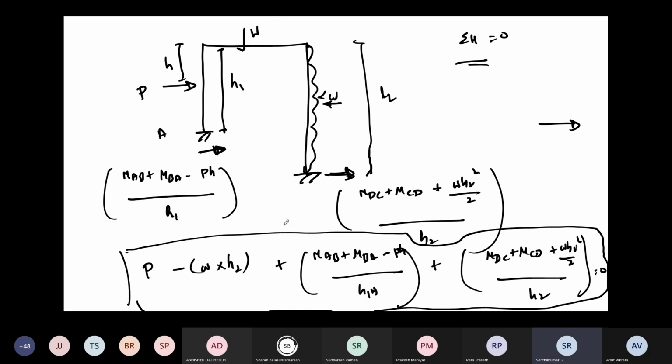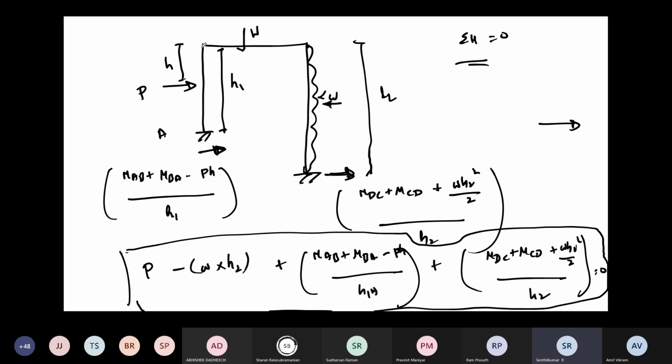This is a generalized one, right? Here, minus P into H will come, right? But P is here. What about your H? Small h. If you are taking moment about B, can you have the P component?